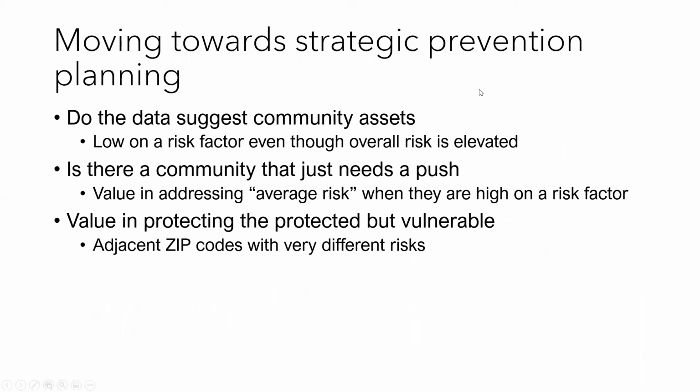So whenever we're talking about how we can move these data into strategic planning, I think the first question to always ask yourself is, do the data suggest there's a community asset? It's always good to start with what your community has, not what your community doesn't have.